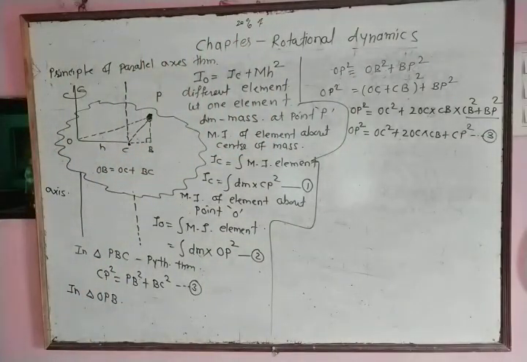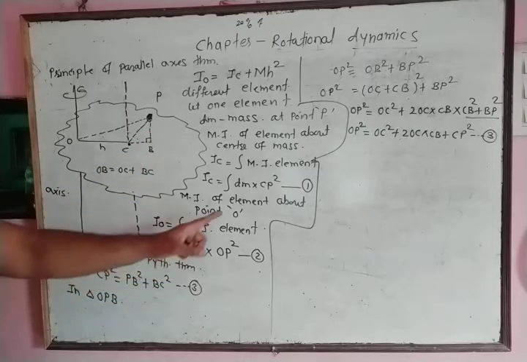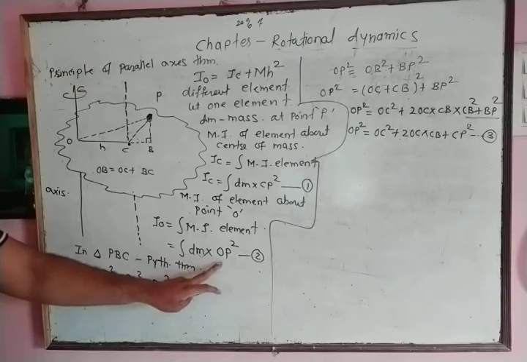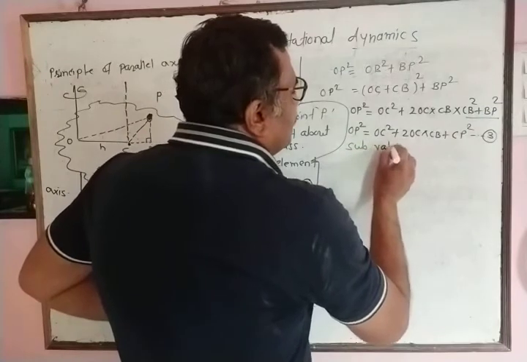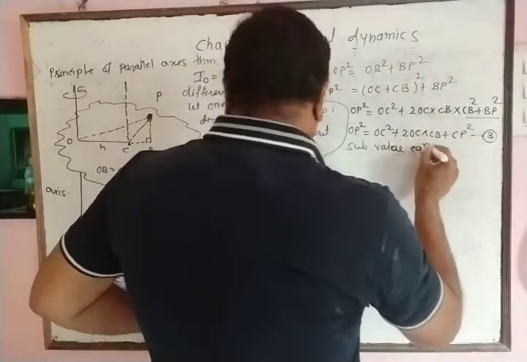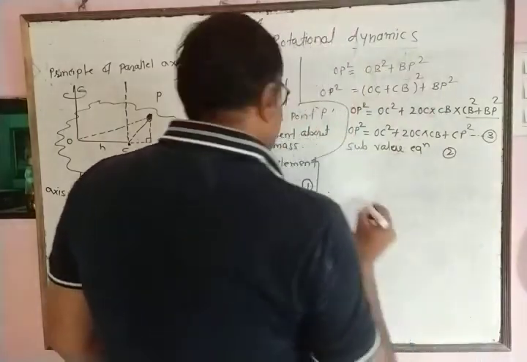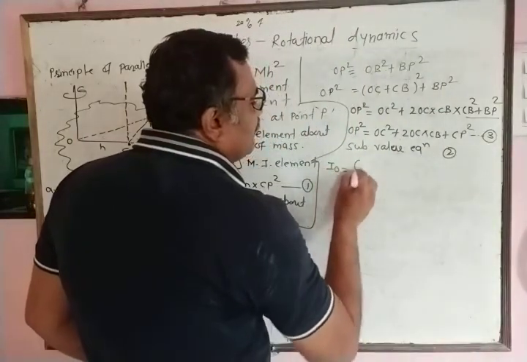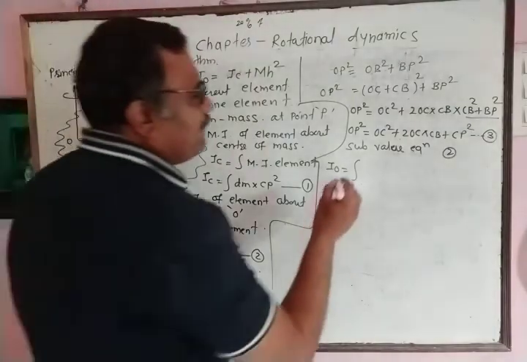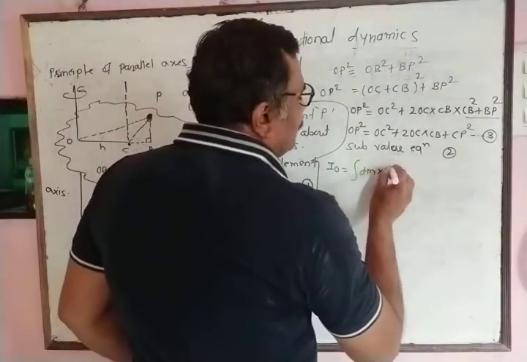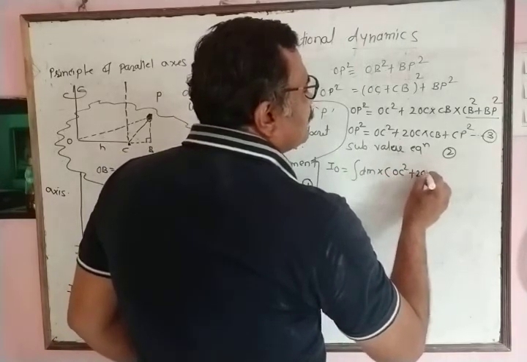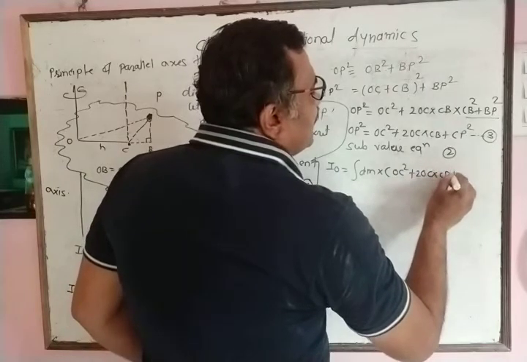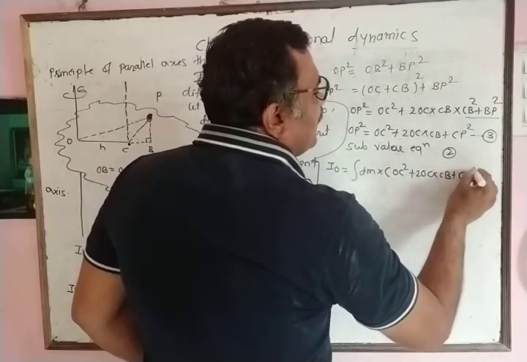Now substituting the value of OP square in equation number 2, we get IO is equal to the integration of dm into OP square, that is, OC square plus 2 times OC into CB plus CP square.